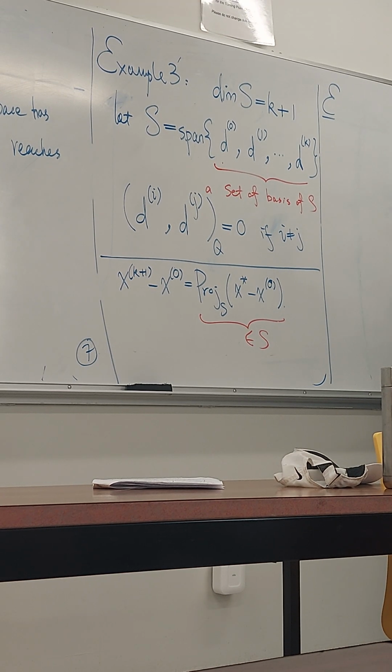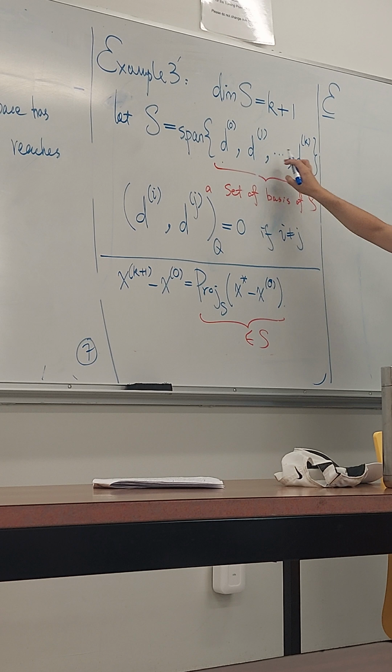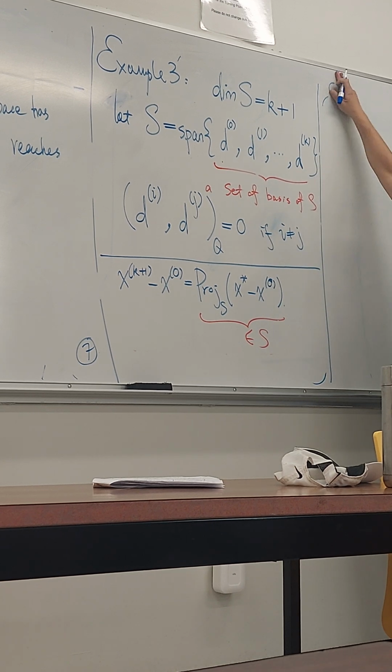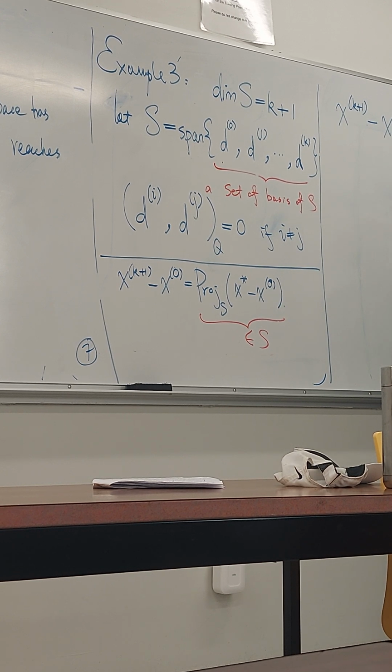Basically, we search among a subspace. Now, this subspace has basis d0 to dk. So our k plus 1st iterate subtract x0, the initial guess, equals a summation of coefficients, from i equals 0 to k, alpha i times di.